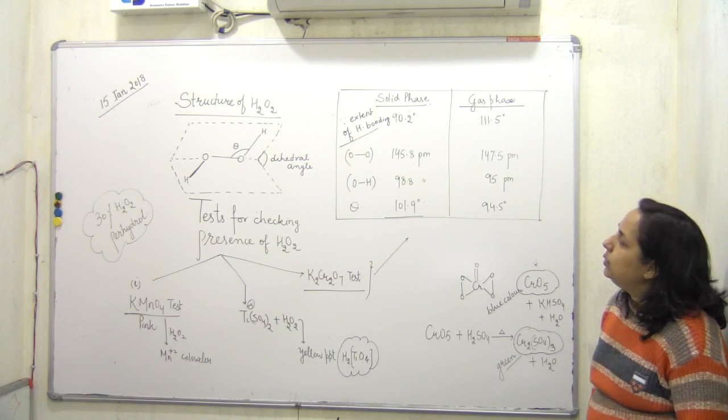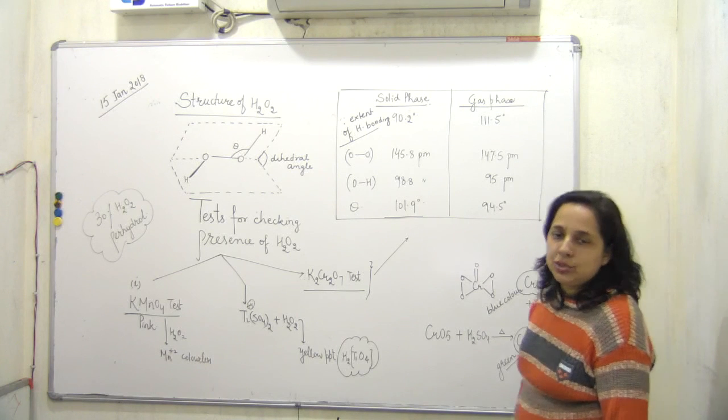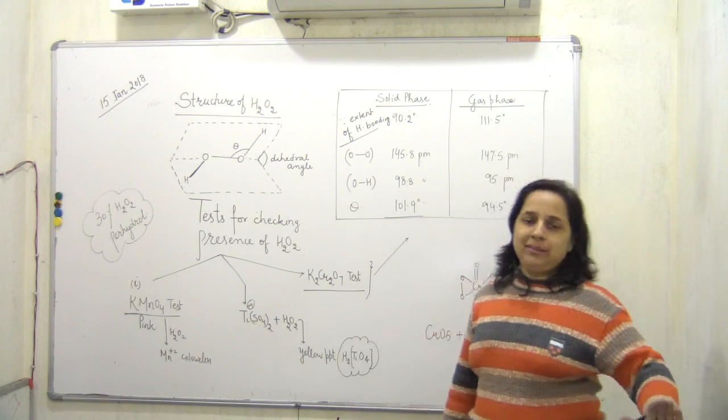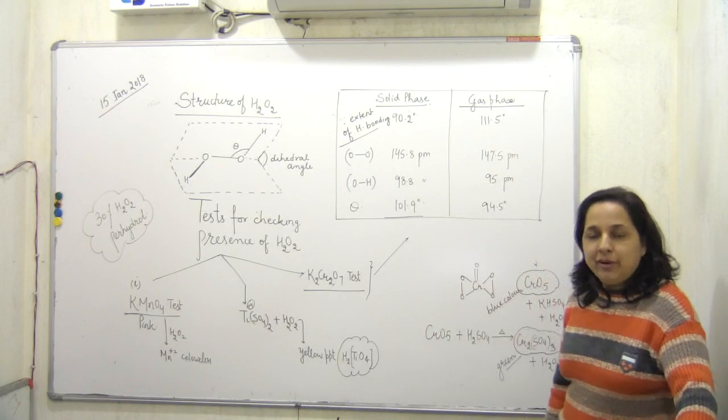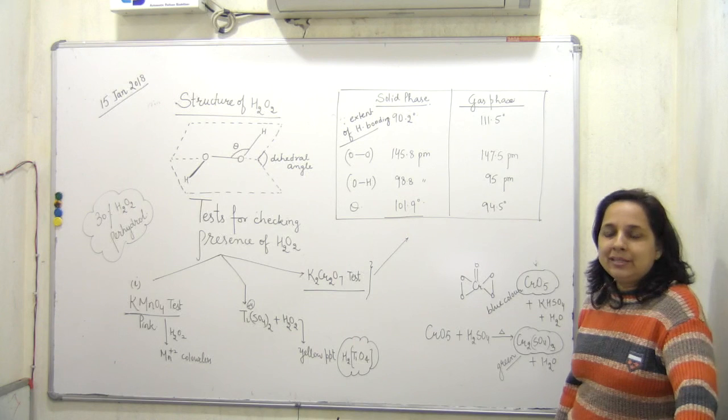Hydrogen peroxide is also a good rocket fuel supporter. For rocket launch, the oxidizing agent generally used is hydrogen peroxide, because it can provide nascent oxygen very fast. That's all about hydrogen peroxide and its chemical properties.